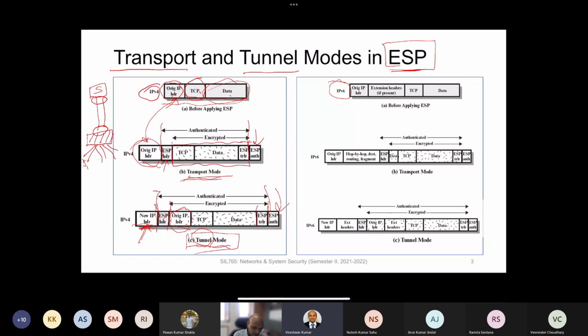Okay, so destination D1, D2, D3, D4, D5, D6. Now this original IP header, let's say, corresponds to D3.